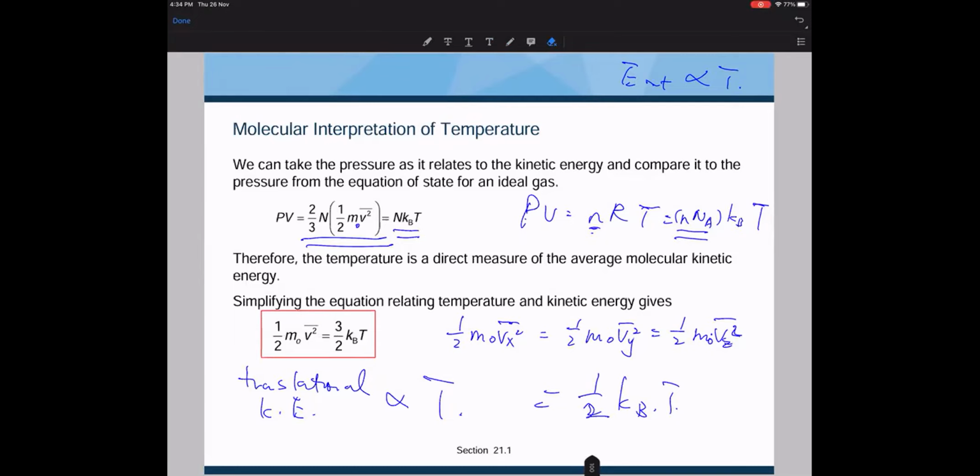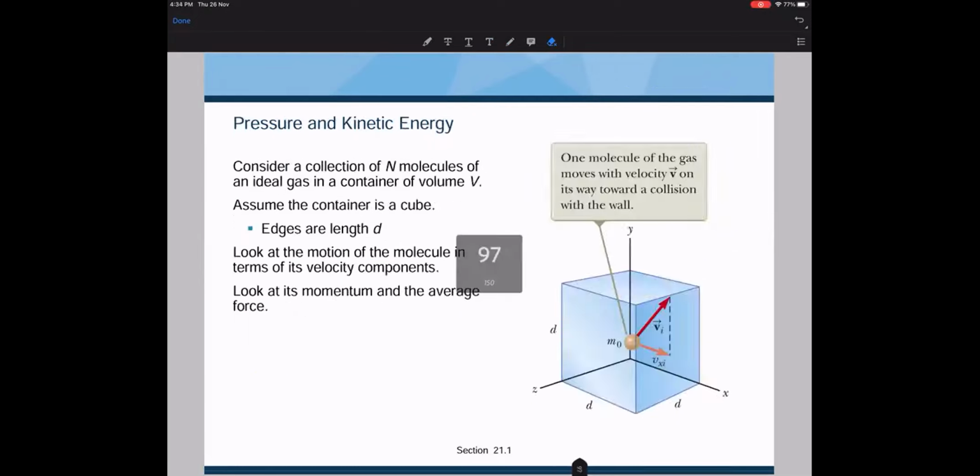Okay, now you have the particles. On the diagram here, you have a velocity which is randomly decided. So there must be some component in the x direction, some component in the y direction, some component in the z direction. Meaning that you have a certain amount of energy in the x direction, a certain amount of energy in the y direction, and a certain amount of energy in the z direction. You have so many of these molecules.